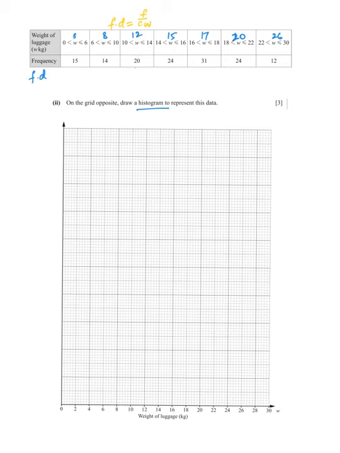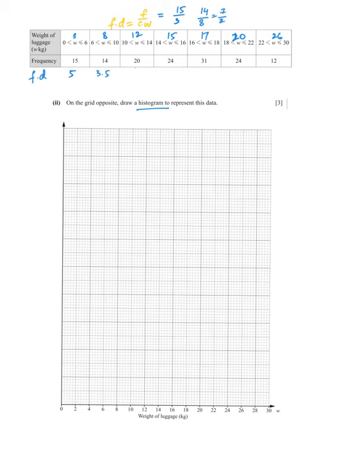So for the first case, the frequency is 15 and the class width is 6, so it's 2.5... for the first case, it's 5. For the second case, the frequency is 14 and the class width is 4, so that will be 7 divided by 2, and it equals 3.5.